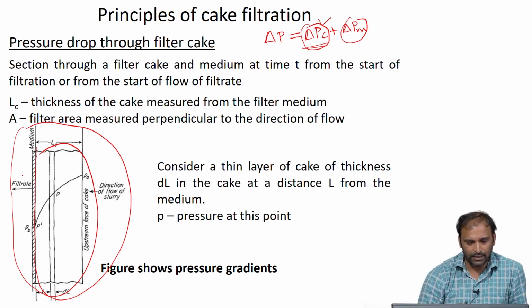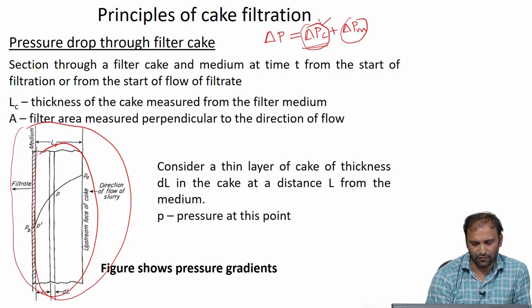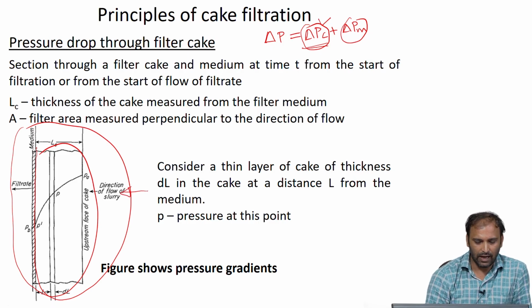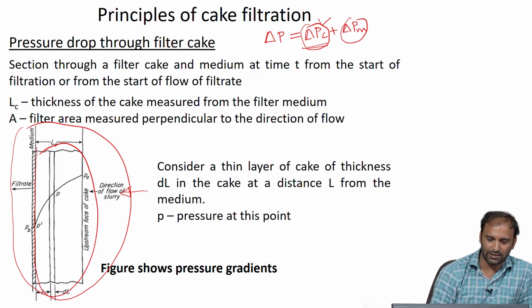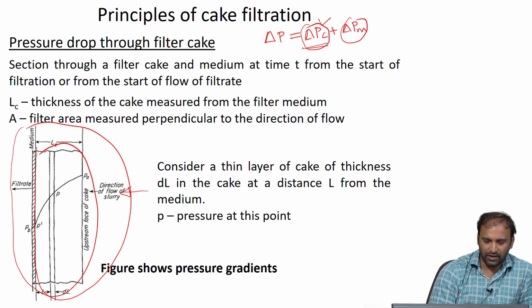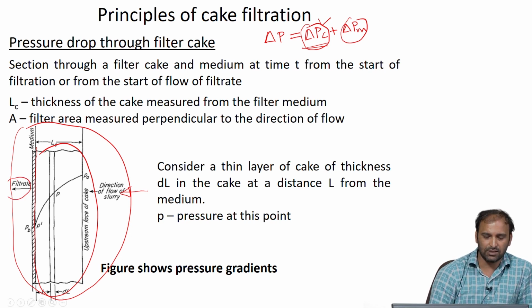Okay, and in this diagram the direction of flow is marked there. That is the direction of flow of slurry, and that is the upstream end, right? And then the cake builds up and you have a filtrate coming out, that is the downstream.